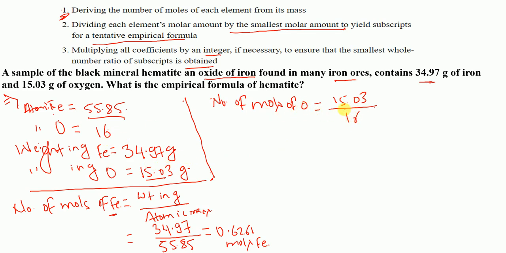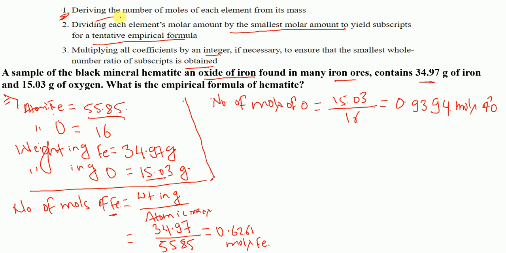When you divide 15.03 by 16, let me use the calculator, we will get 0.9394. This is the number of moles of oxygen in that particular compound. So now we have derived the number of moles.